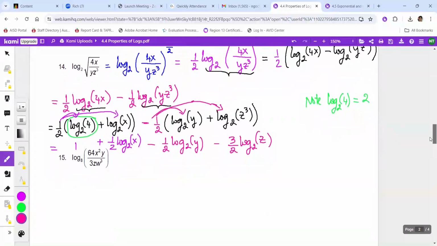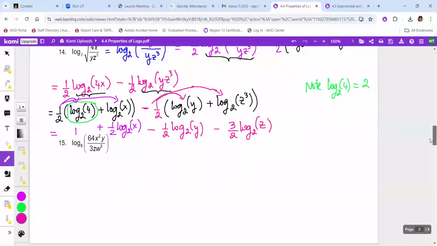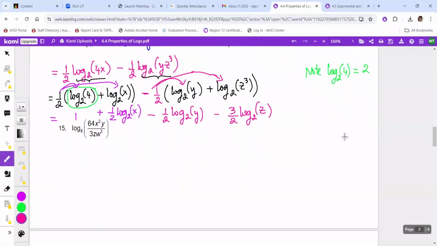Okay, let's look at our exercise number 15. So here we have log base A of this rational expression. So we're using the quotient property. So the log base A of 64x squared y minus log base A of 3 z w to the power 3.